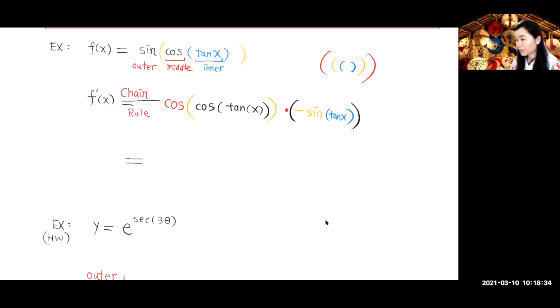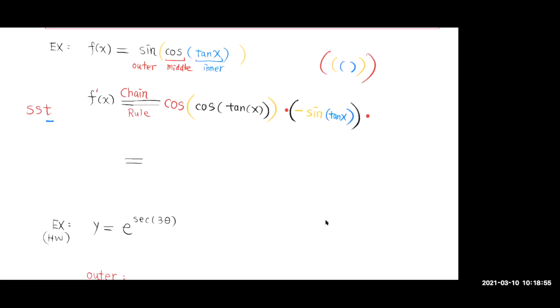So we're done with the middle layer. Now we get to the innermost one, times. What's the derivative of this inner function, tangent x? Remember SST, right? What's the derivative of tangent?